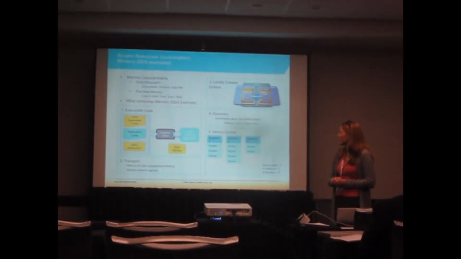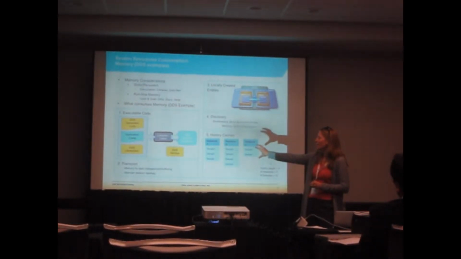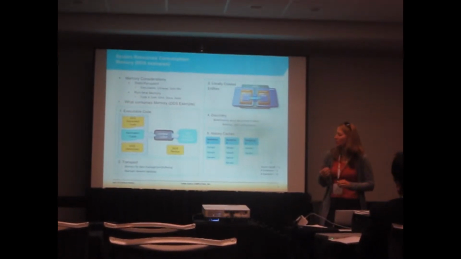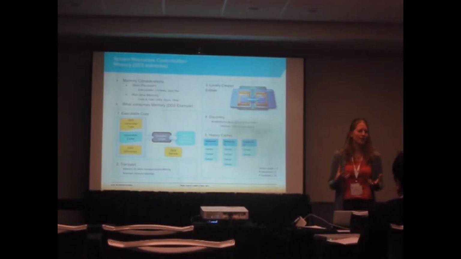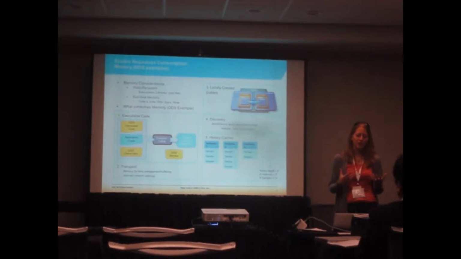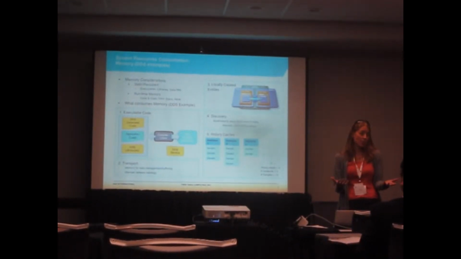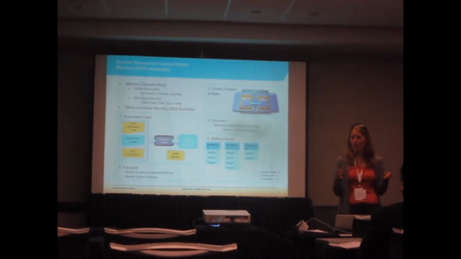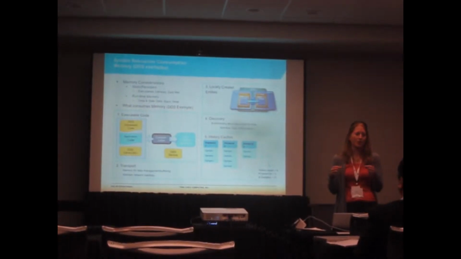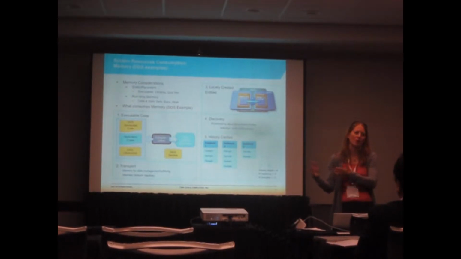So with DDS, we have the library. And what I didn't mention before is data types. We're talking about communicating data. One of the aspects of DDS is that if you as a system developer define data types that you want to use to communicate, you can define those in a language-independent format like IDL, and then you generate the specific code that's required to marshal that data onto the wire and marshal it out.